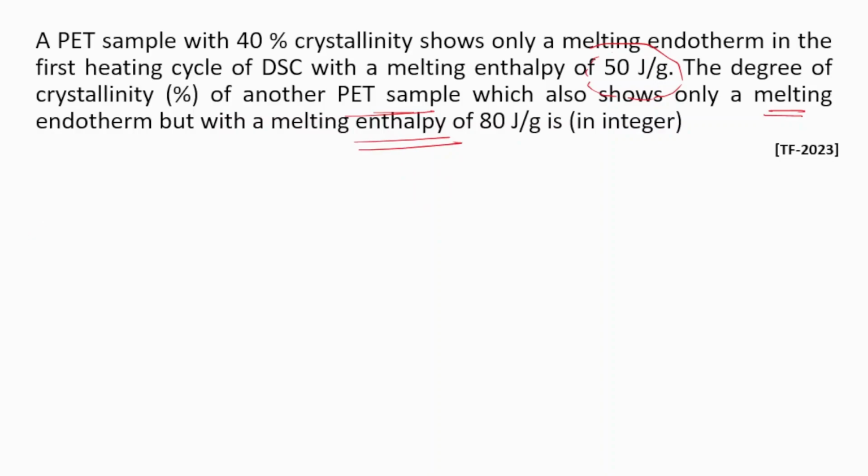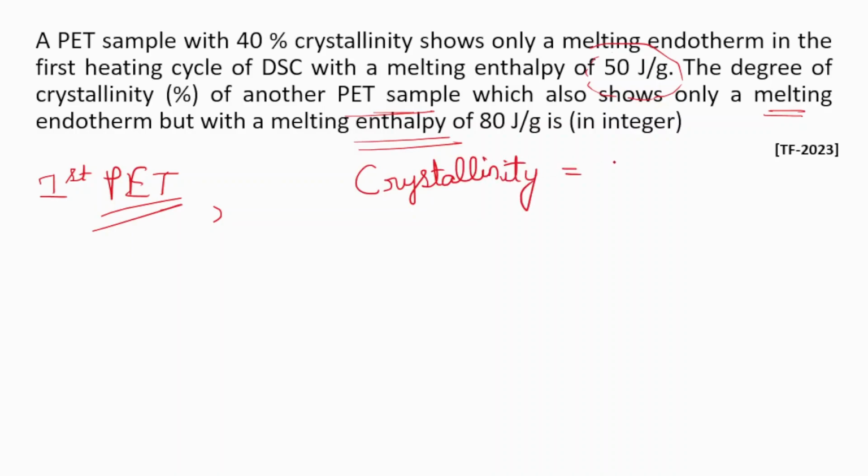There are two PET samples. For the first PET sample, the crystallinity given is 40% and the enthalpy is given as 50 joule per gram.